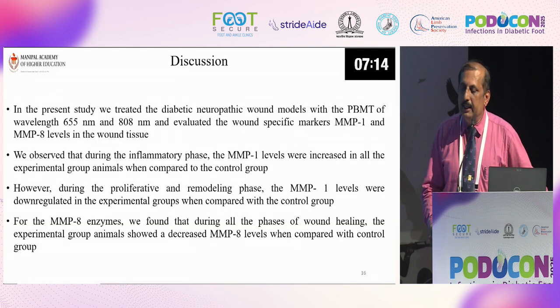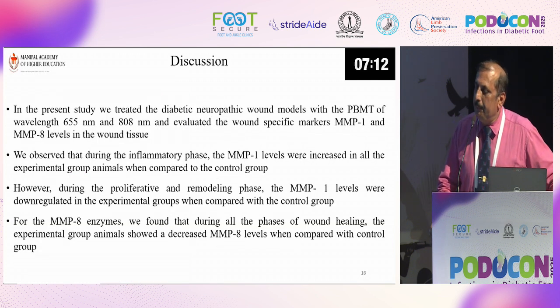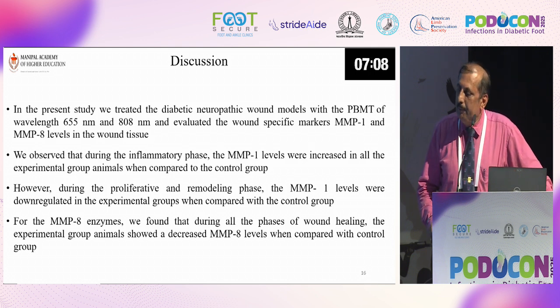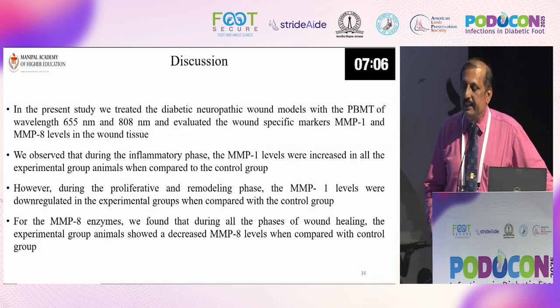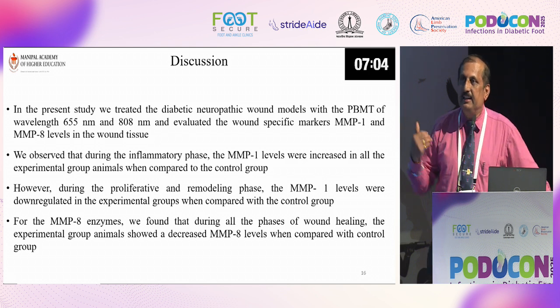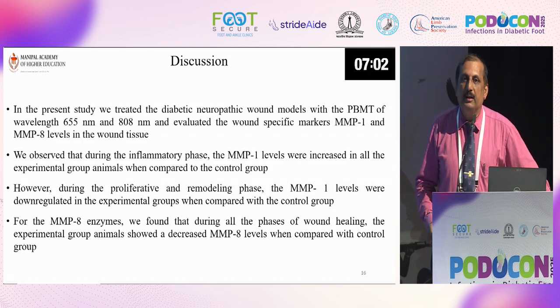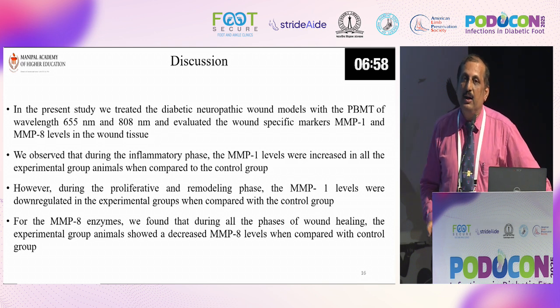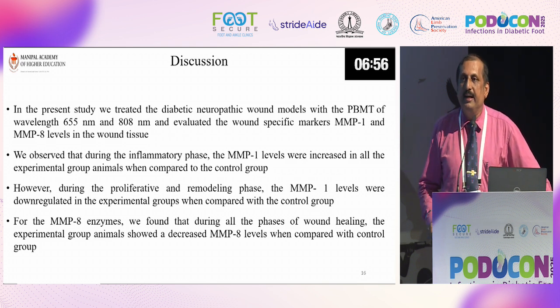What we observed is that in a diabetic foot ulcer, usually in the inflammatory phase, MMP1 levels were significantly increased, but as we start treating them in the proliferative or remodeling phase, the laser helps in normalizing or down-regulating MMP1 and 9.